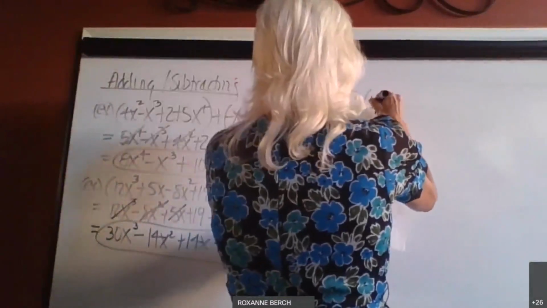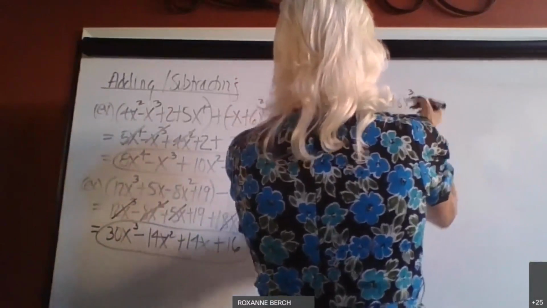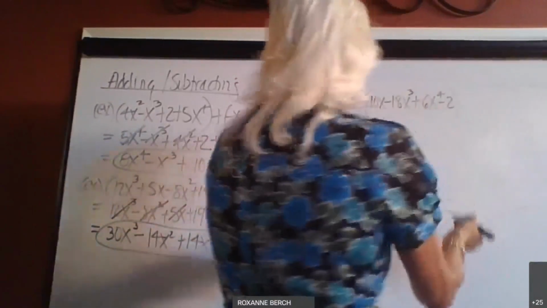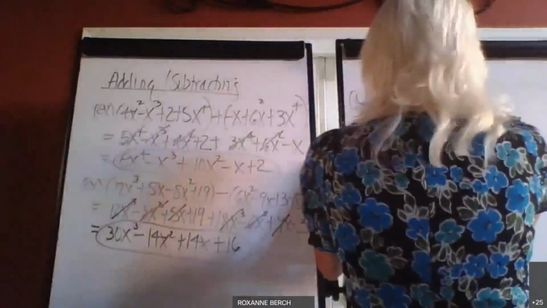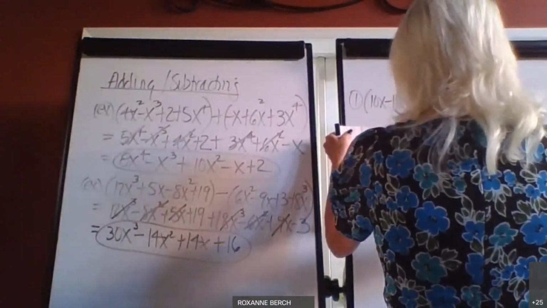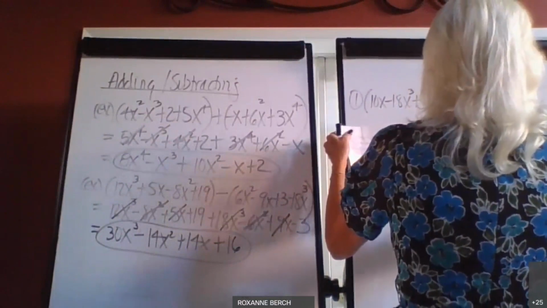The first one is 10x minus 18x cubed plus 6x to the fourth minus 2 plus negative 7x to the fourth plus 2x cubed plus x plus 5.